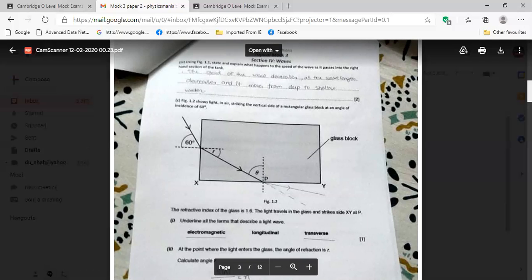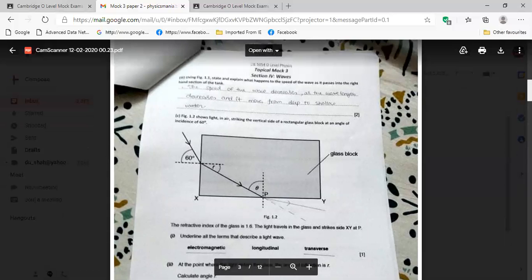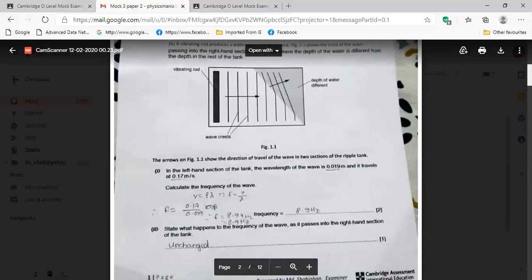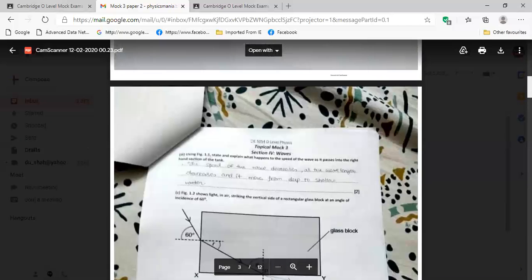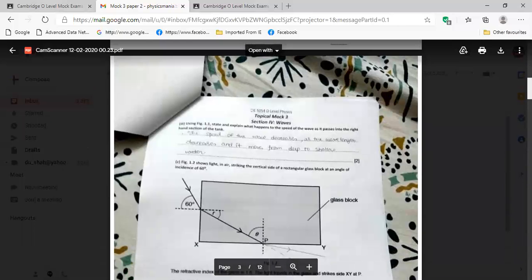Using figure one, state and explain what happens to the speed of the wave as it passes into the right hand section of the tank. Speed will decrease, as there is shallow water, right?